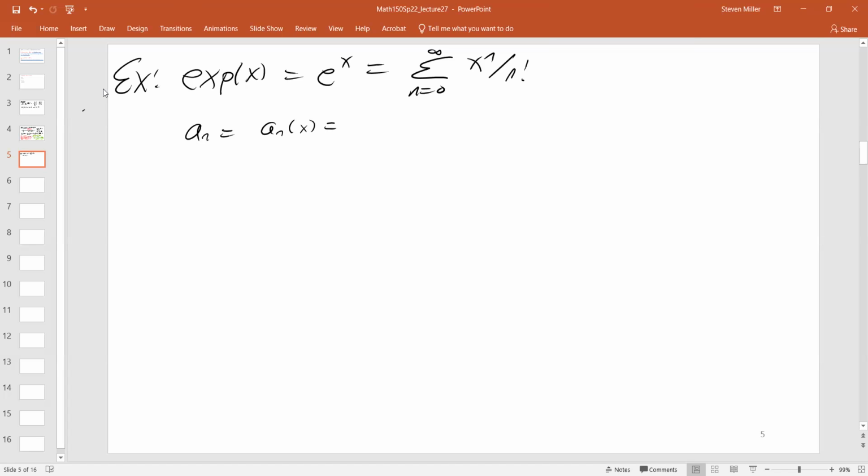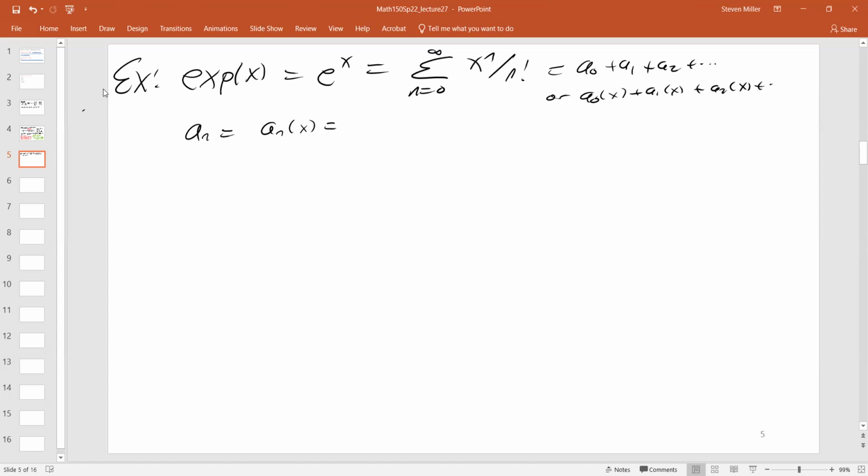So I'm writing this as a sum. What is an or an of x for this sum? Now I'm trying to write this as a0 plus a1 plus a2 plus dot dot dot, or if you want, a0 of x plus a1 of x plus a2 of x.